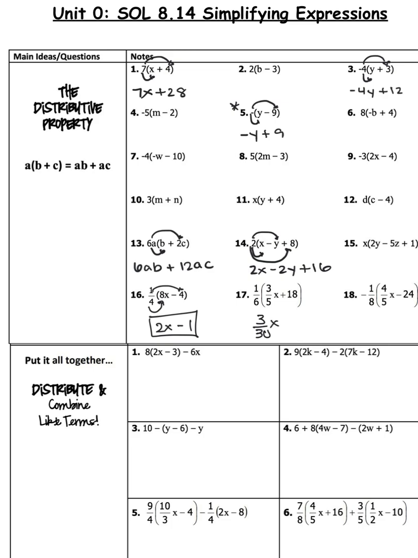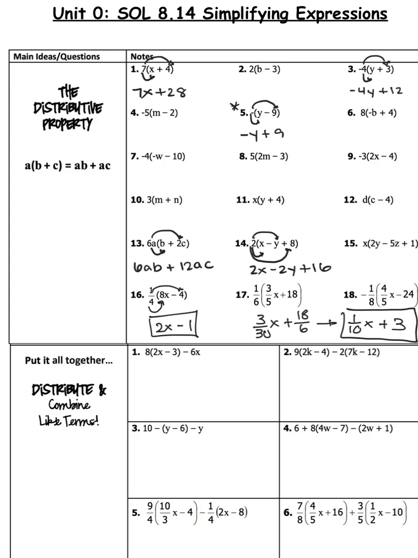And then I have 1/6 of 18, which is 18 divided by 6. I'm going to draw this arrow, 3 divided by 30. We can divide both of those numbers by 3 and get 1/10 x. And then 18 divided by 6 gives me 3.